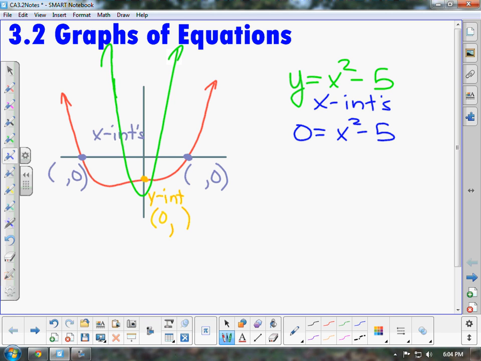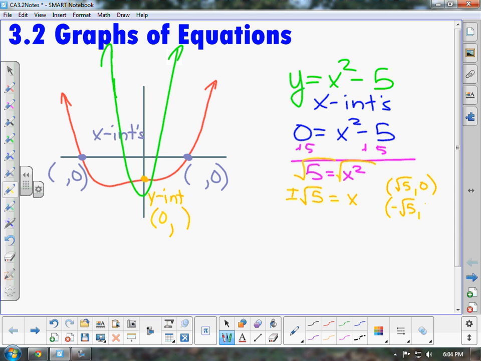And now try to solve this equation by adding 5, and then taking the square root. And x equals plus and minus the square root of 5. And so then our x-intercepts would be the square root of 5, comma 0, and negative square root of 5, comma 0.